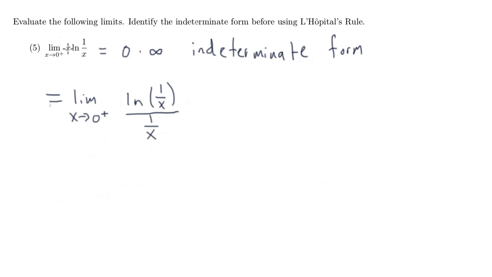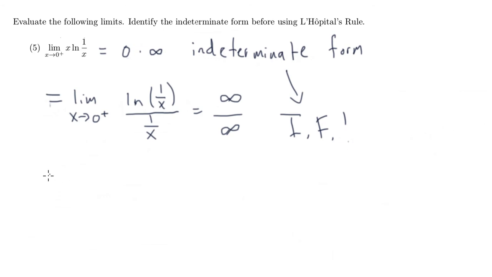Okay, because again, x is just 1 over 1 over x. And now we can use L'Hopital's rule, because this is, well, let's verify. This really is infinity over infinity, which, again, is an indeterminate form.